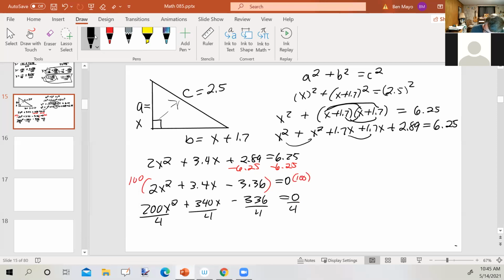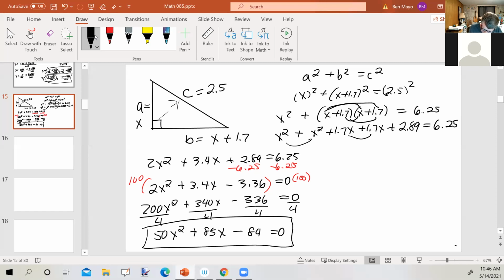Now, 200 divided by 4, I'm going to get 50x squared plus, let's see, 340 divided by 4 is 85x minus 336 divided by 4, minus 84 equals 0. So that is what I'm going to take to the next page to solve.